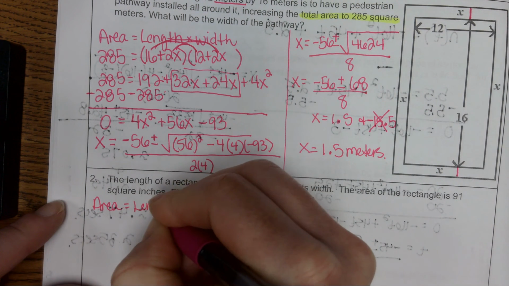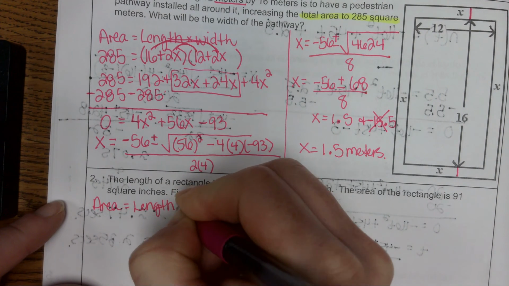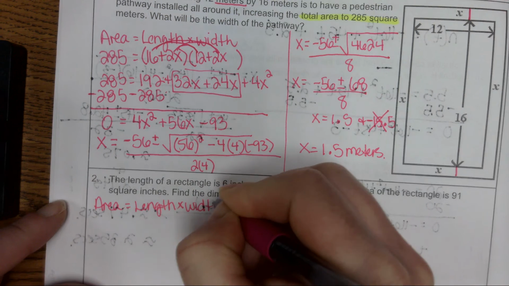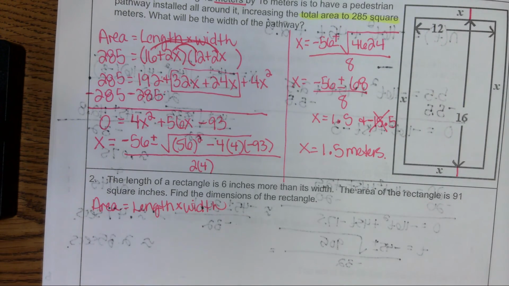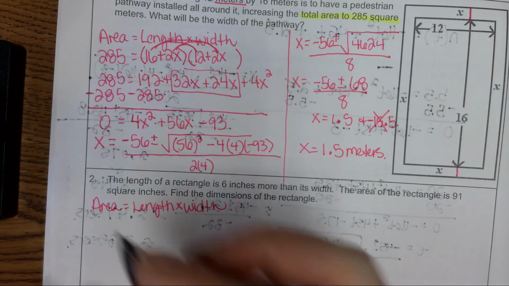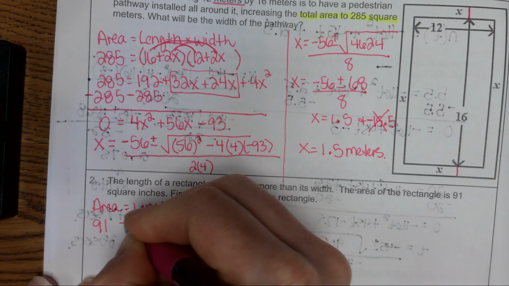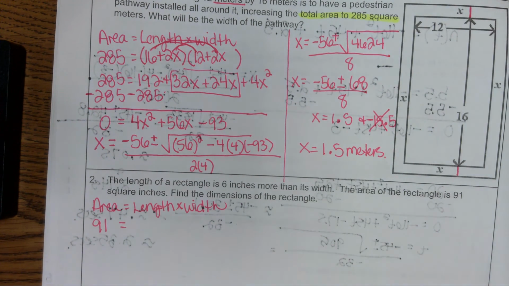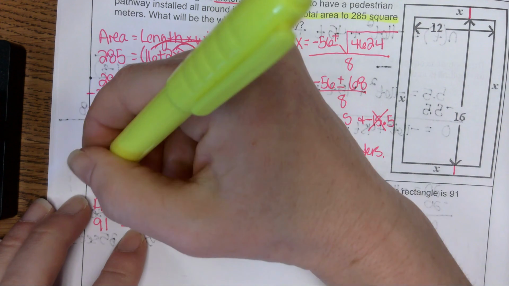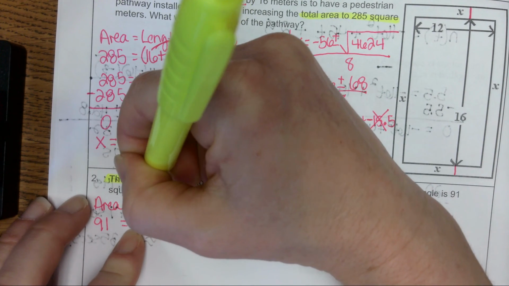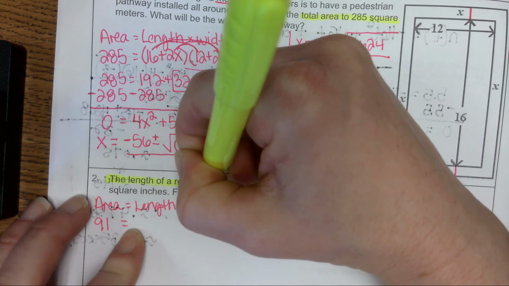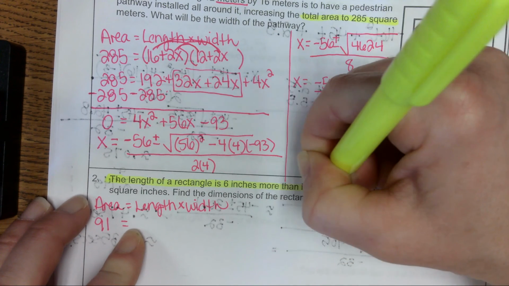So area is length times width. Good. For the area, we're going to put 91. Now, we practiced doing this earlier in the year. This is a little bit different than the last one. The length of a rectangle is 6 more than its width.